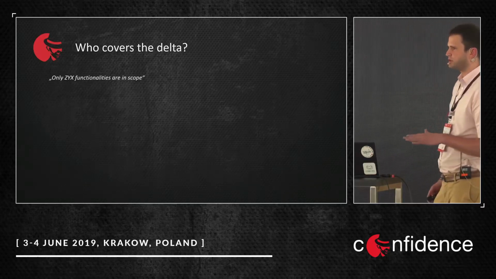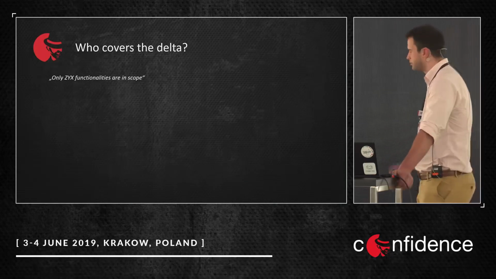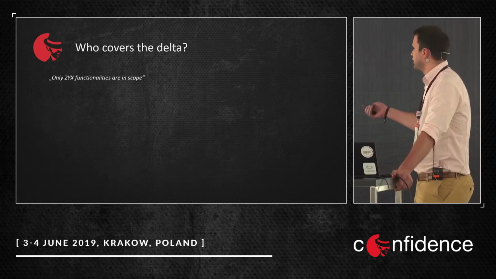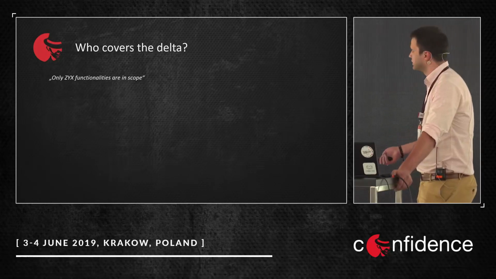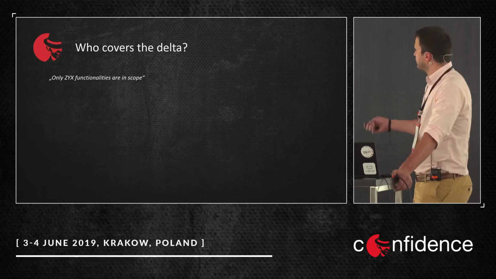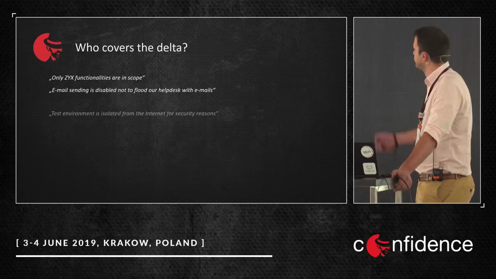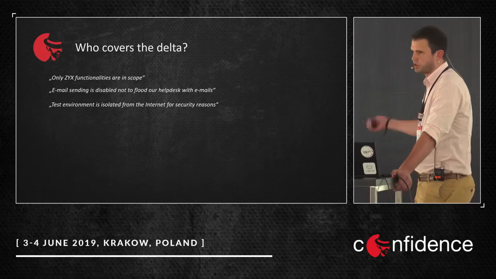Here are just a couple of phrases which I encountered a couple of times while scoping the pen test. Some of them are valid ones, there is a good rationale for why people do that: only some functionalities are in scope, or email sending is disabled not to flood our people from the help desk or whoever, or the test environment is isolated from the internet for security reasons, which is probably completely fine.